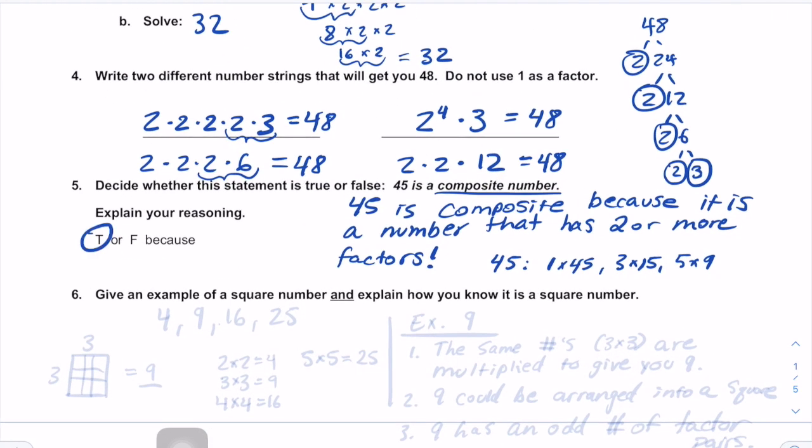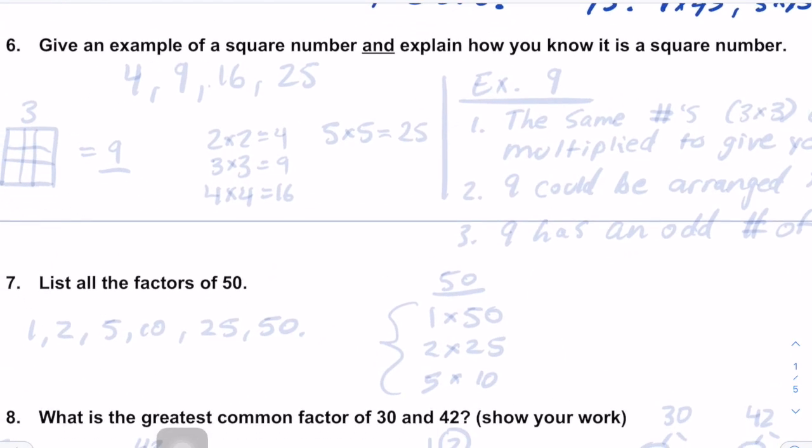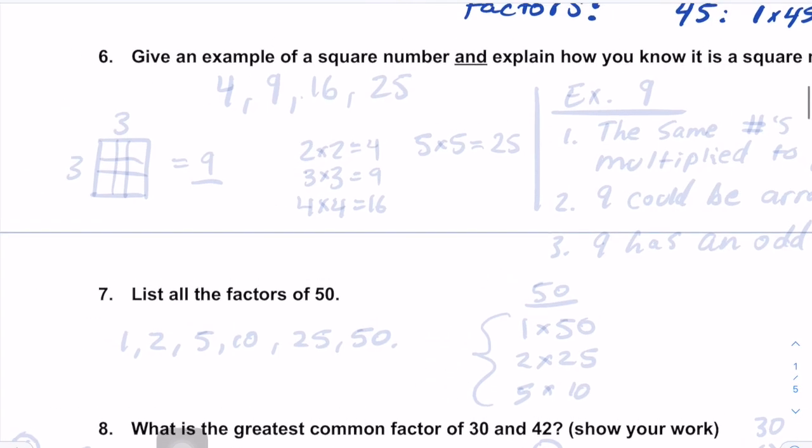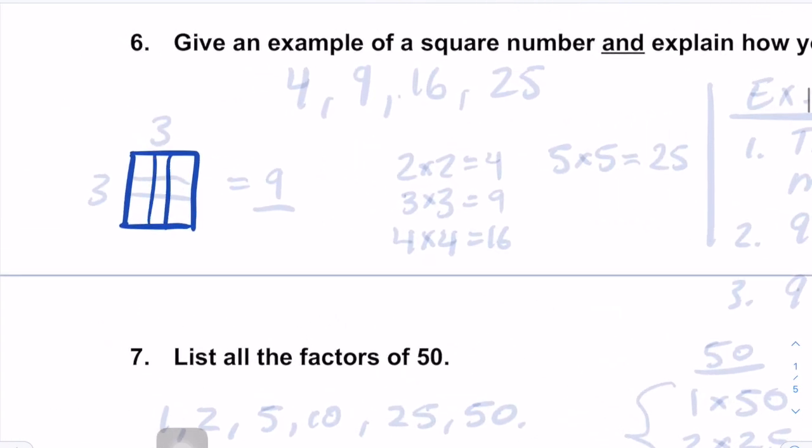Okay. Number 6 says to give an example of a square number and explain how you know it's a square number. Now I know a square number makes a perfect square if you were using tiles, like this here would be represented with a 3 and a 3. So this tile would be the representation of the number 9.